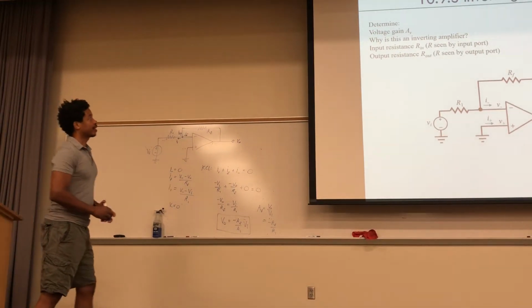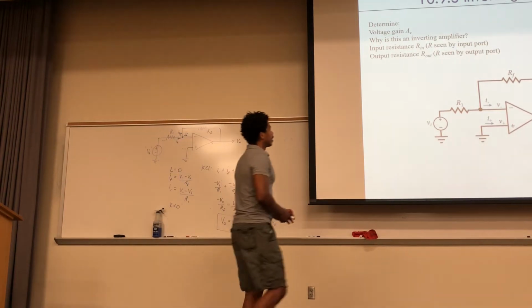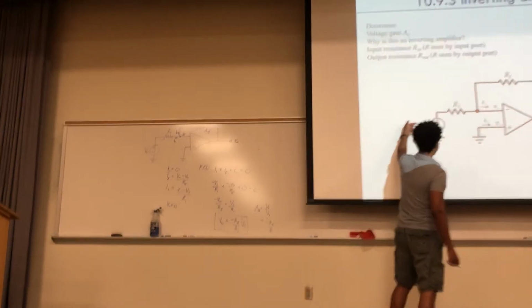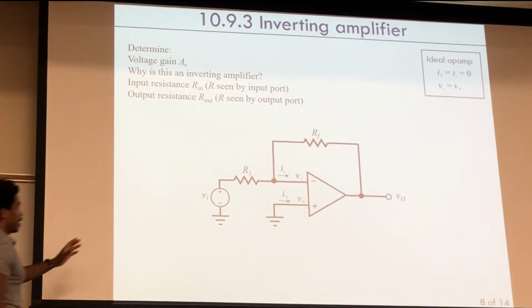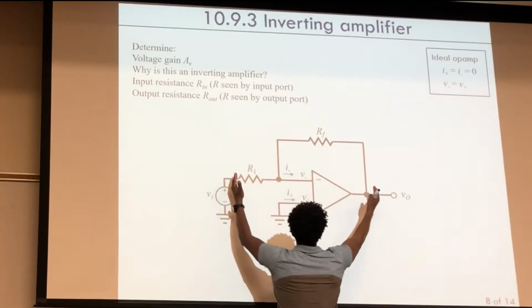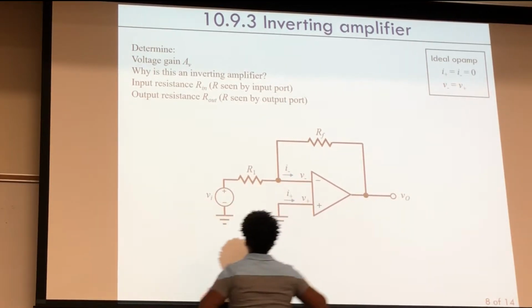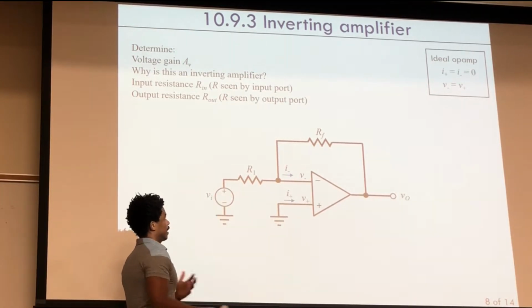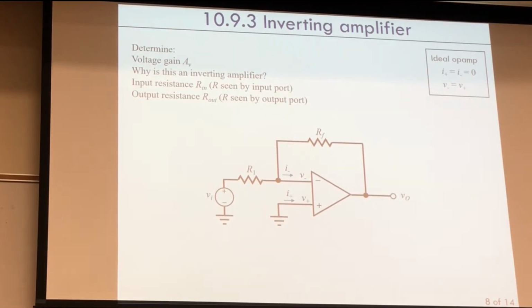Now let's look at the input resistance, Rin. So that's looking at it in this direction. If all around here was a black box, and you don't know what's inside, you apply a voltage source to see how much current is being generated from that source. That ratio tells you the resistance.